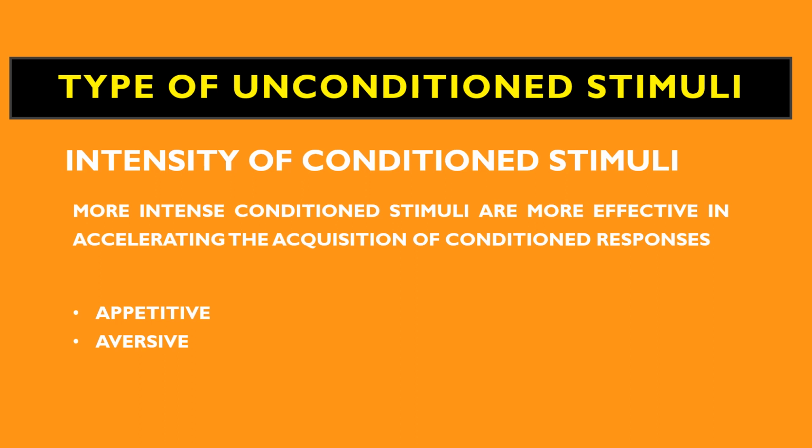That is, it is more effective. The more intense the stimulus, the more effective it will be, and only a fewer number of trials are needed for conditioning. For example, an intense irritating noise is more effective than a pleasant, slower stimulus.